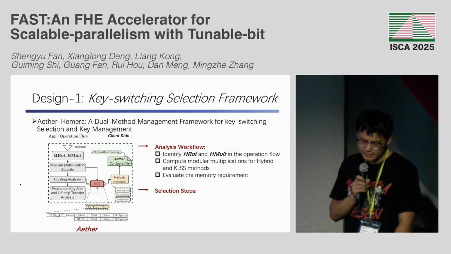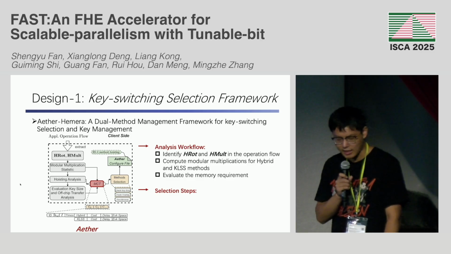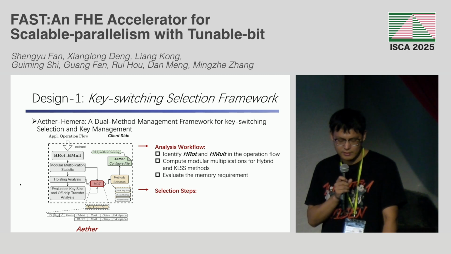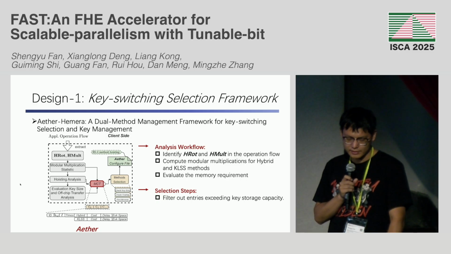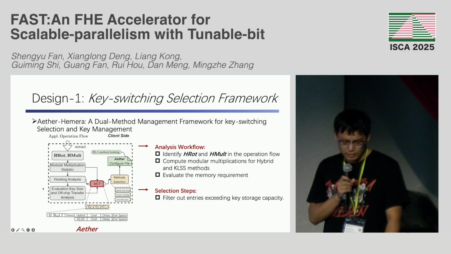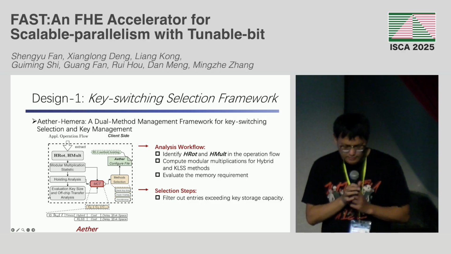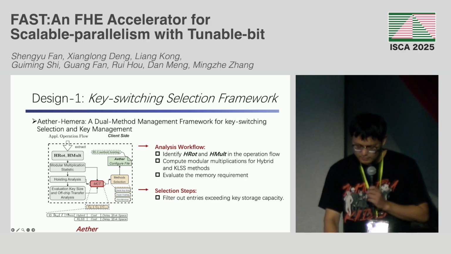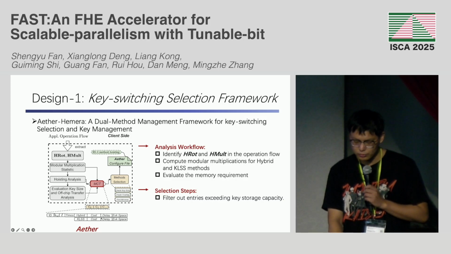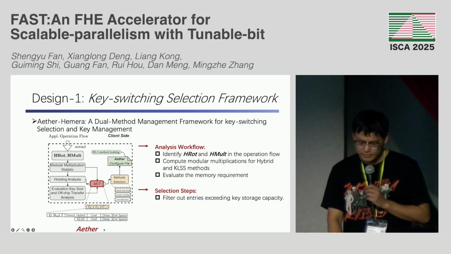Based on the statistics recorded in the MCT, the system performs a series of filtering steps to determine the most suitable key switching algorithm. First, it eliminates any method whose key size exceeds the on-chip memory capacity, and then it removes the method whose key transfer latency exceeds the pipeline scheduling window, to avoid two potential pipeline stalls.